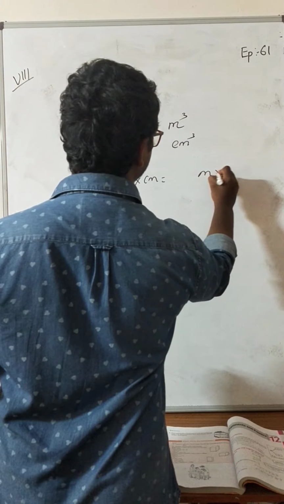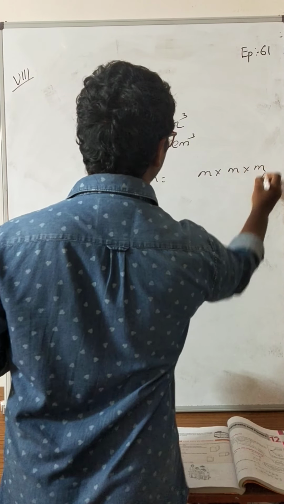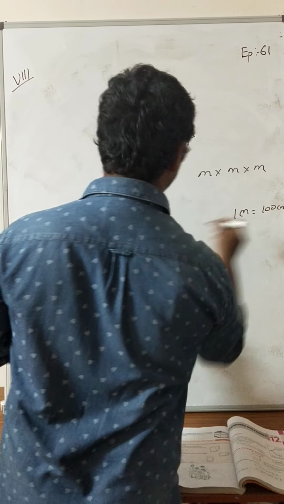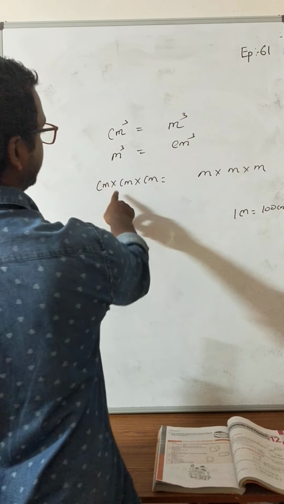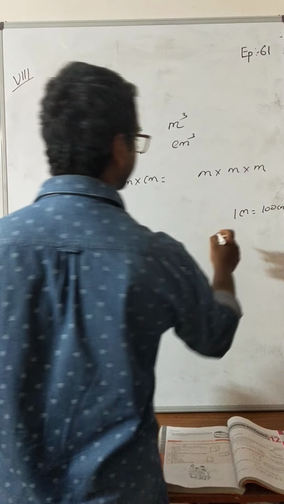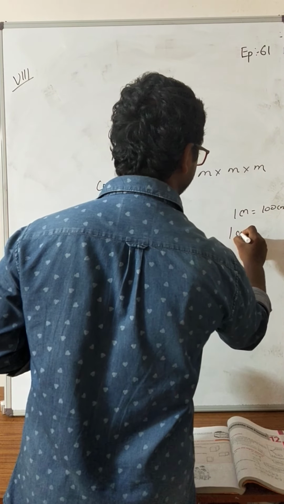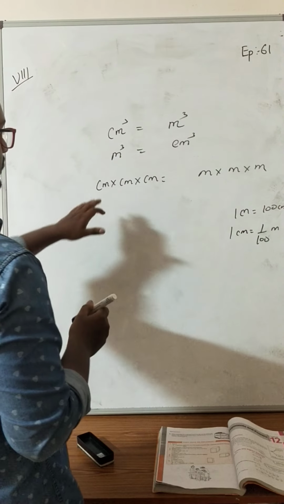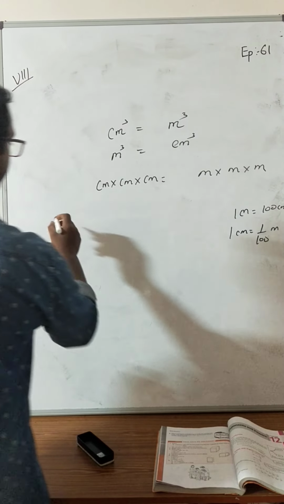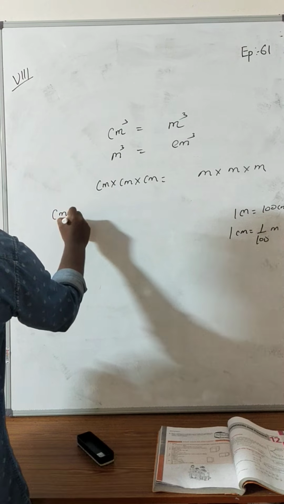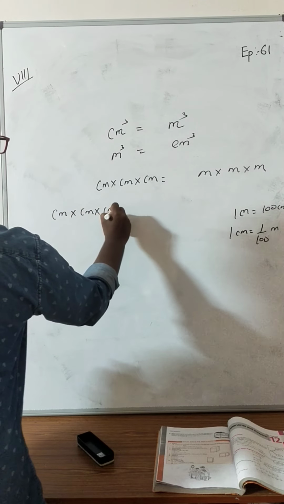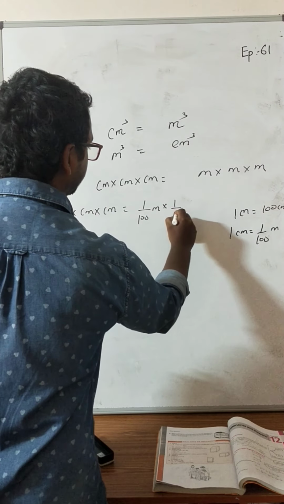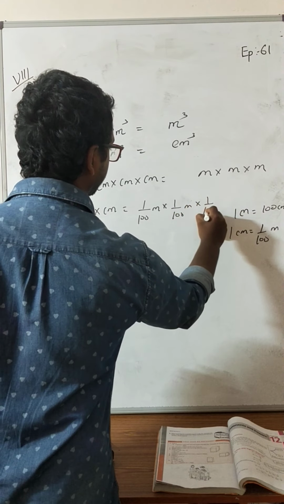Meter cube is meter into meter into meter. 1 meter is 100 centimeter. So whenever we have to convert centimeter to meter, we have to divide. So 1 centimeter is equal to 1 by 100 meter. So centimeter cube is 1 by 100 meter into 1 by 100 meter into 1 by 100 meter.